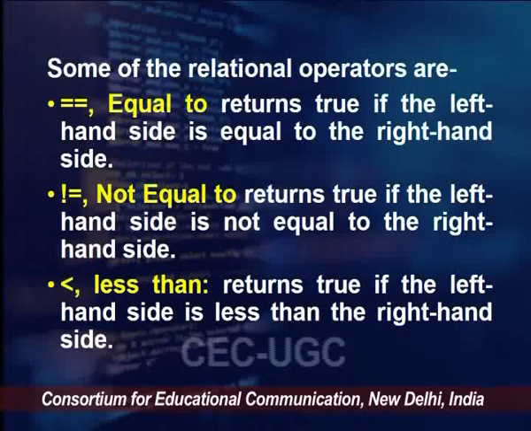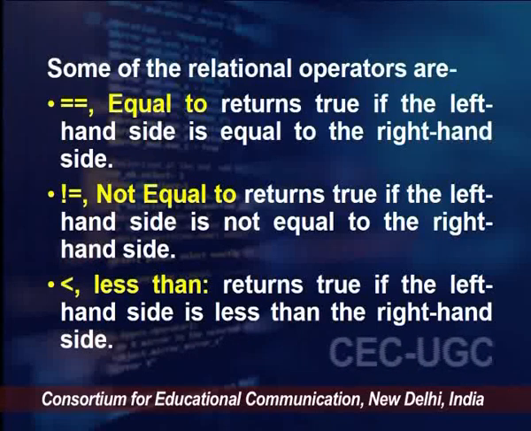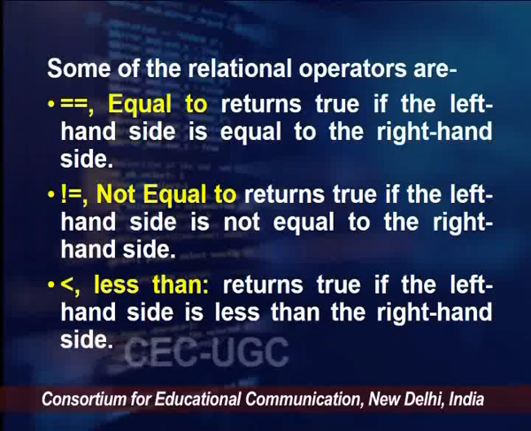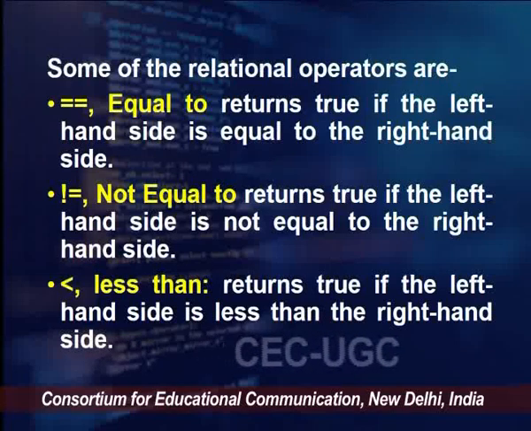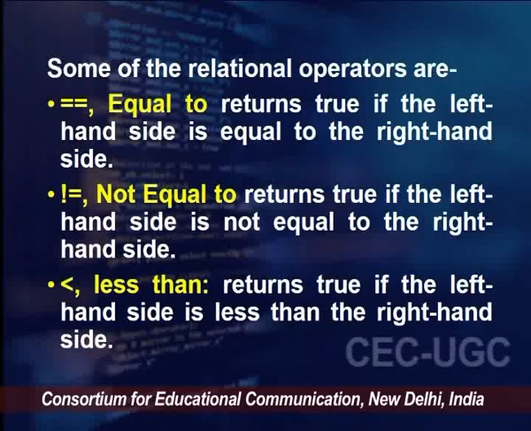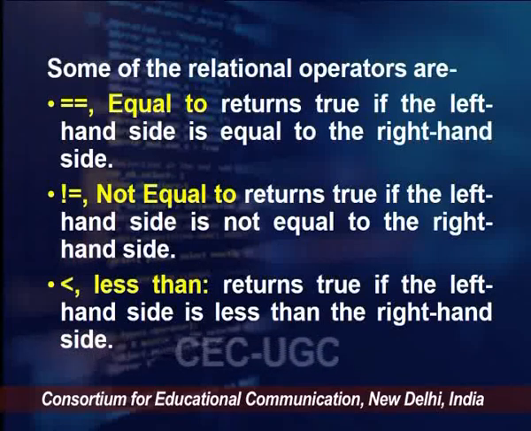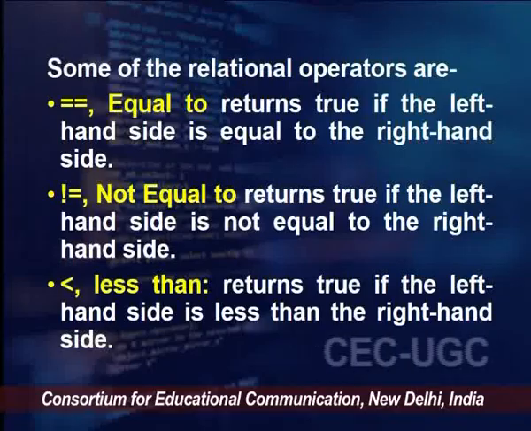On similar lines, we have greater than or equals to, and these are the relational operators: equals to, not equals to, less than, less than or equals to, greater than, greater than or equals to. They are very frequently used, extensively used in looping statements as well as conditional statements. Apart from that, we have logical operators also.